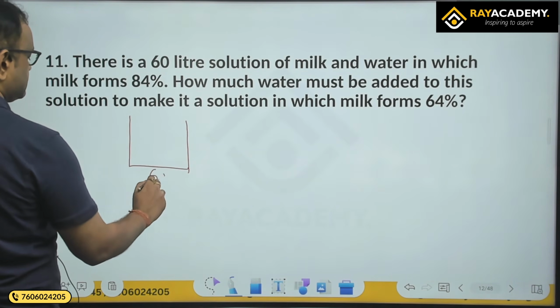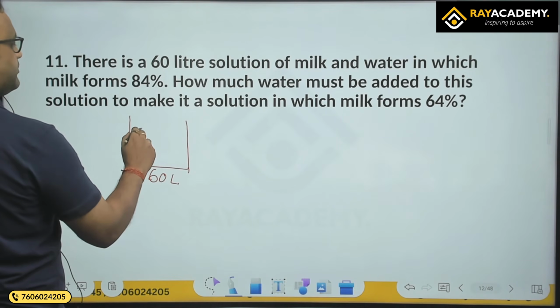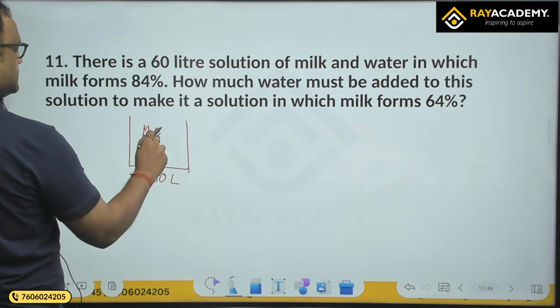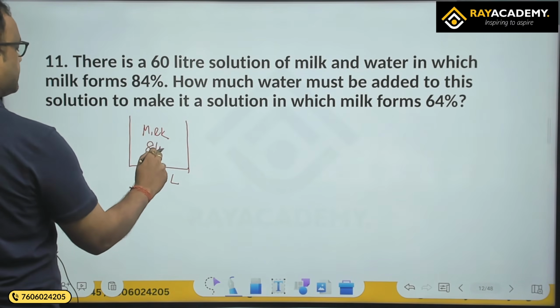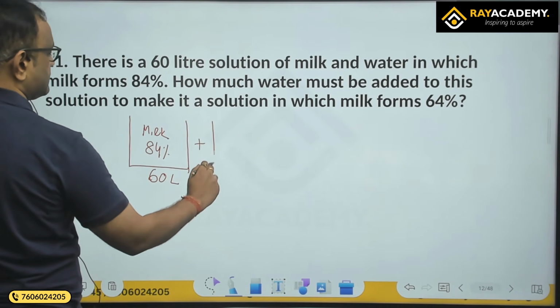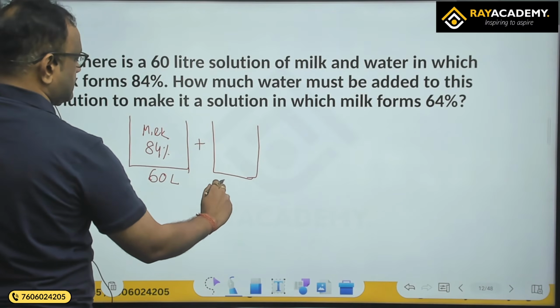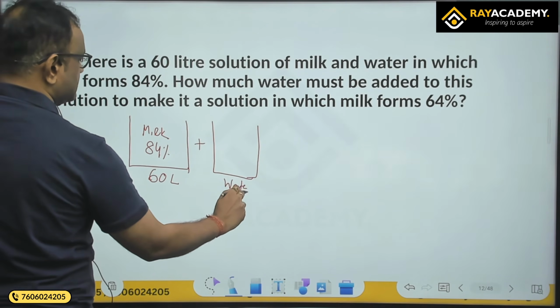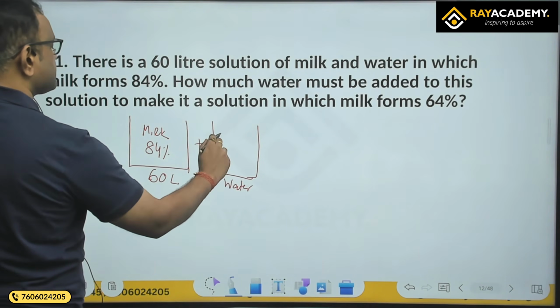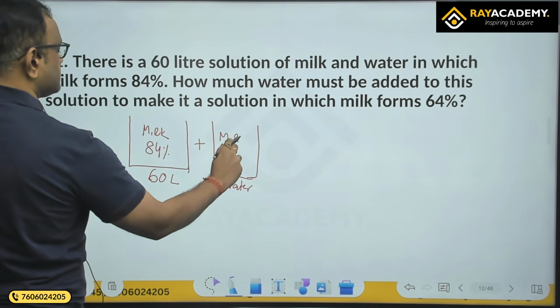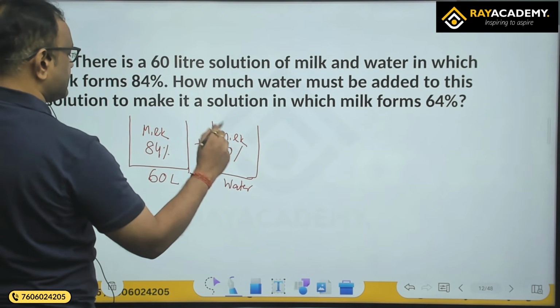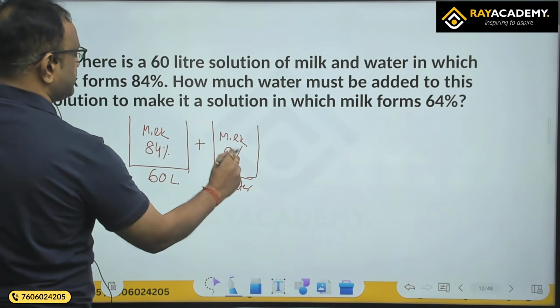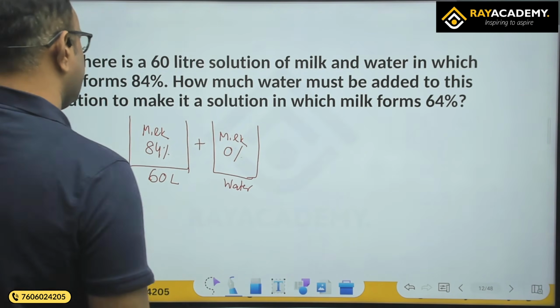60 liter, milk proportion is 84%, plus water. What was the milk proportion of water? 0%. Pure water will be 100% water and 0% milk.